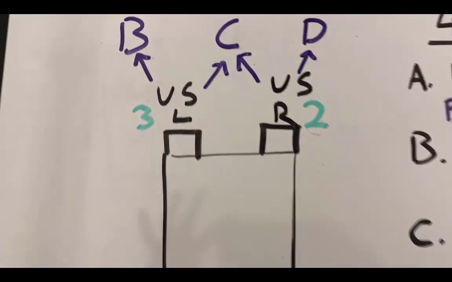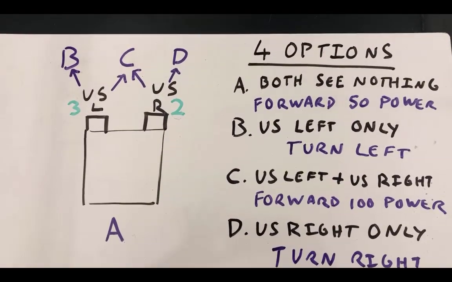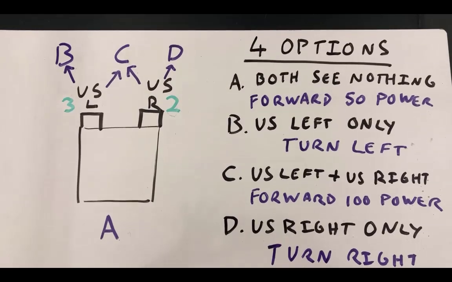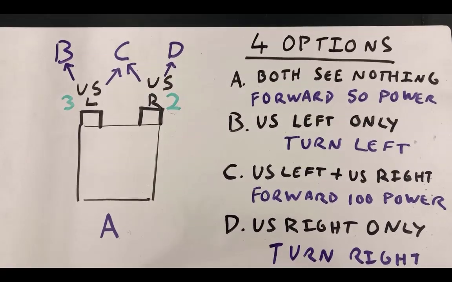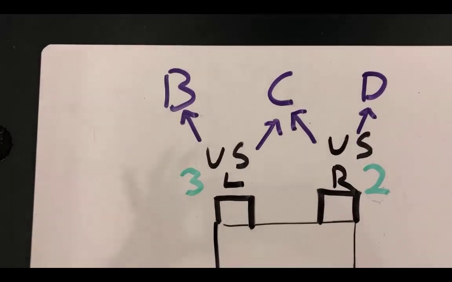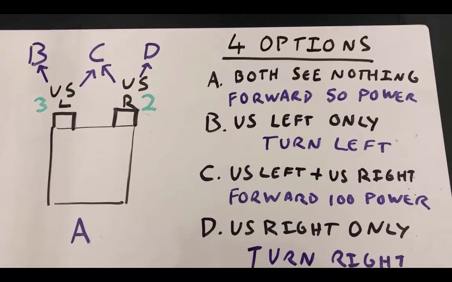There are 4 possible situations. Either A happens, where neither sensor sees anything. What you're going to do is you want to go forward at 50 power. Situation B, where the ultrasonic sensor on the left is seeing something, you want to turn left.